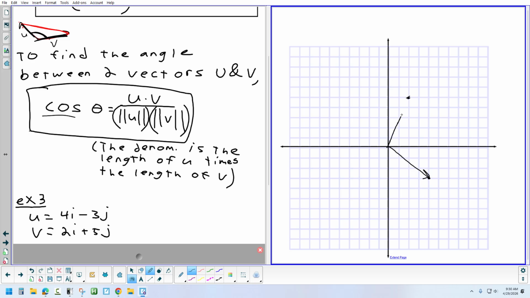And now we're trying to figure out this angle right there. How much does it look like that angle might be? Like 130, 140? If it was 135, if I draw that in standard position, it would look like that.